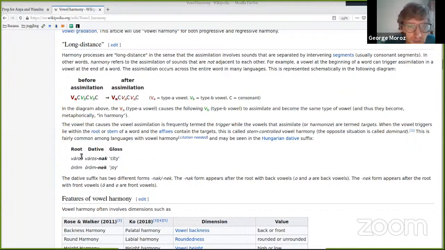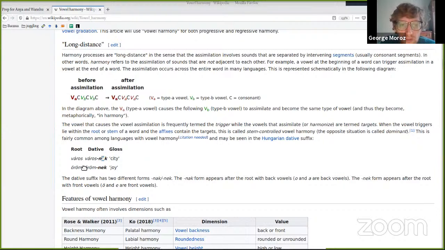So what kind of harmony is this? Maybe it's frontness, backness. Yeah, looks like this, and then we have these features over there. If we have a stem with back vowels, then A will appear.